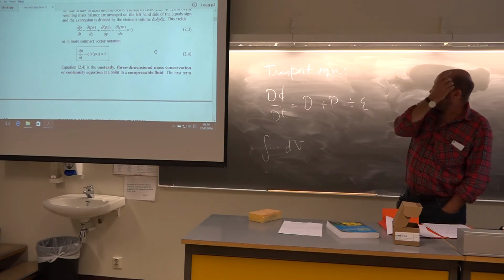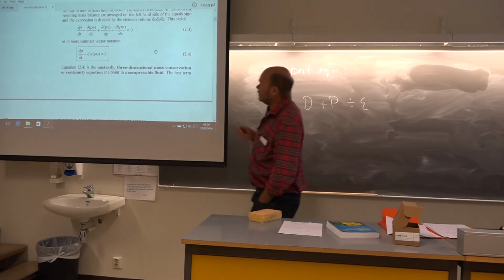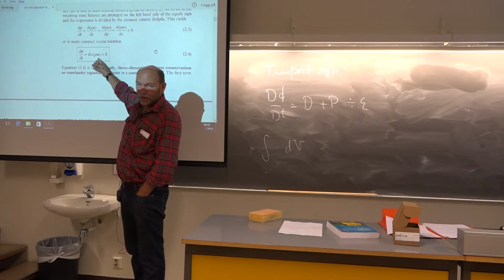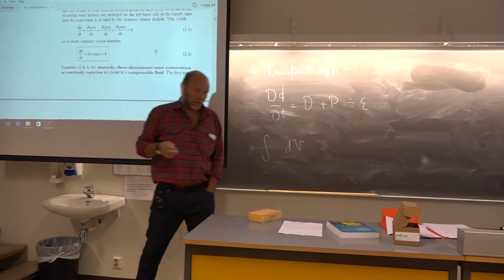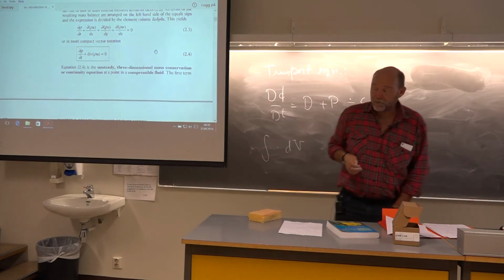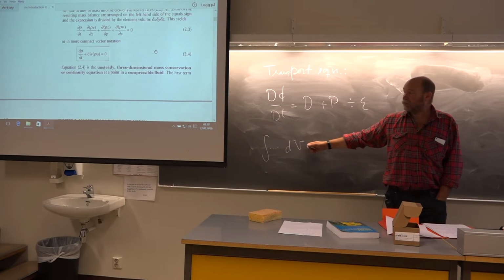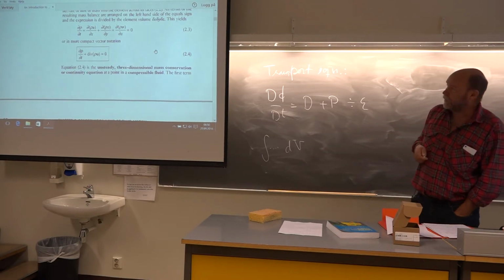When you have the continuity equation, yes, this is one way to do it, to obtain this one, and then take a volume integral of the entire equation. But you can just as well start with an integral formulation, no problem. So I don't like this.